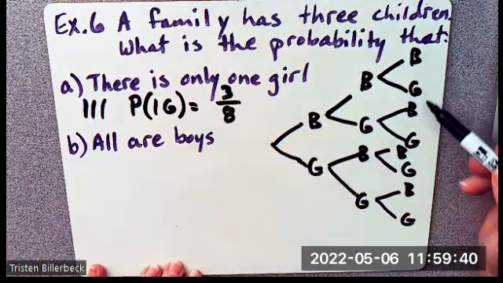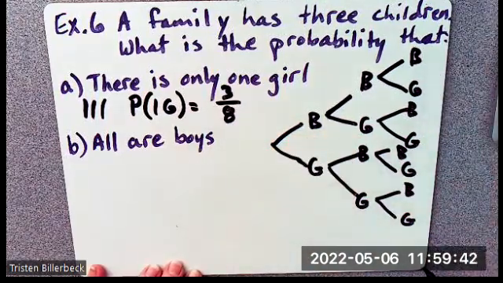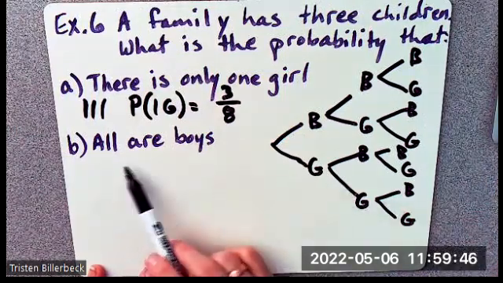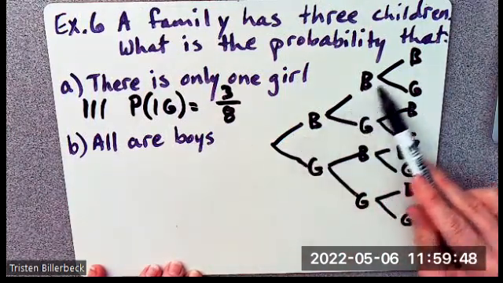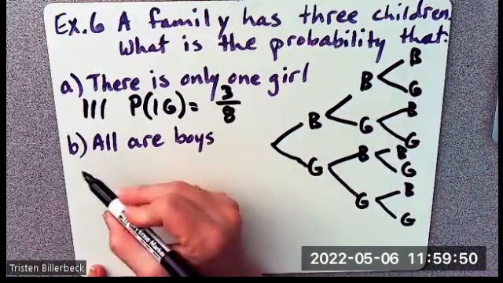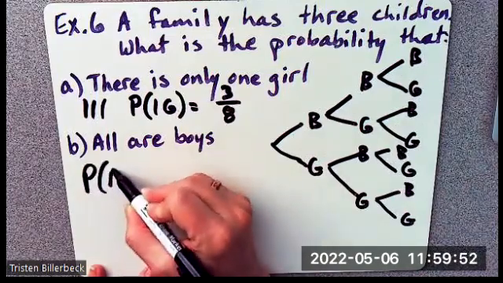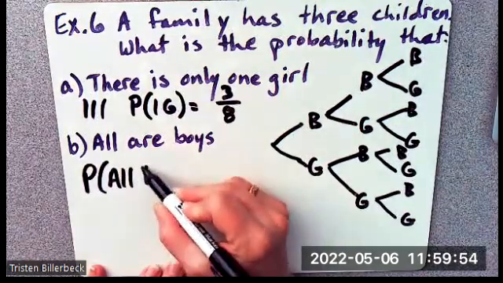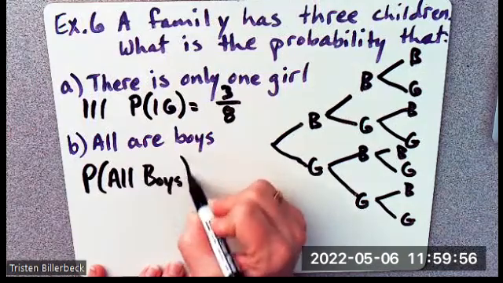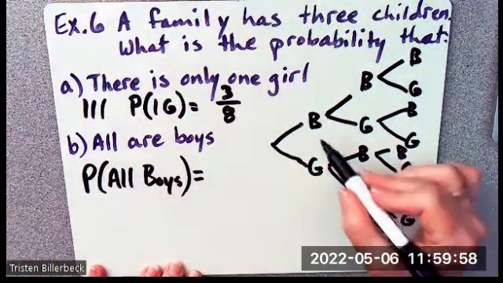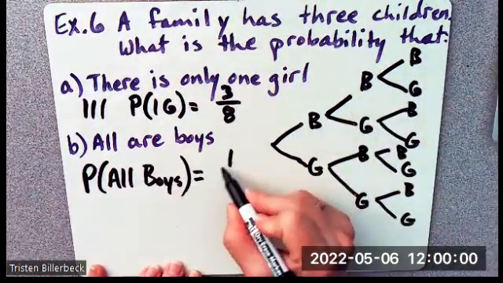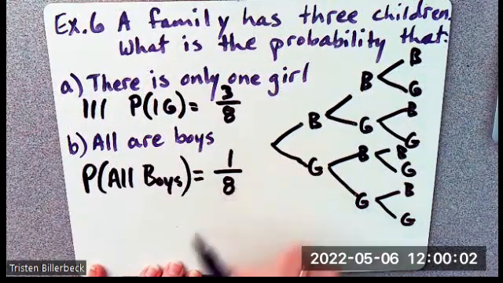Okay, so these are all the possibilities with 3 kids of having only one girl. All boys, well, we see that there's only one. So probability of all boys, and there's only one way to do that, is 1 out of 8 times.